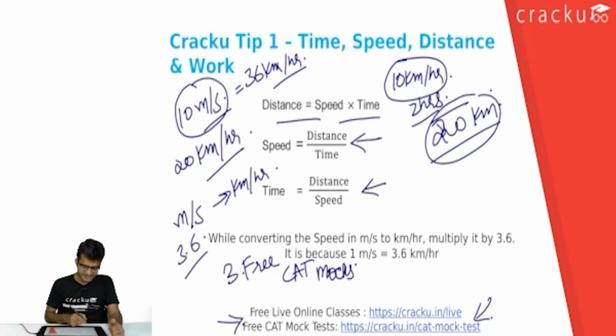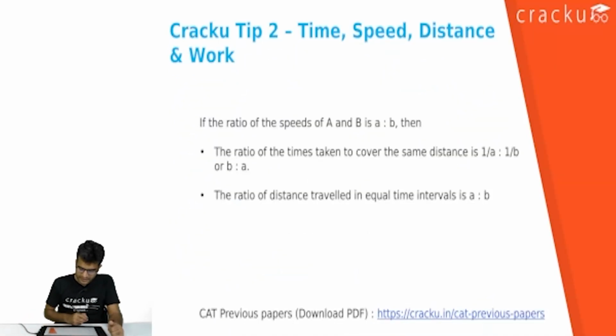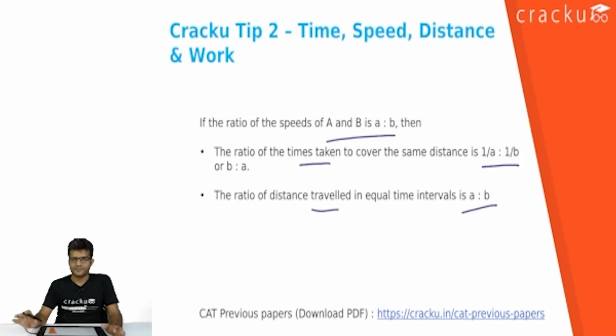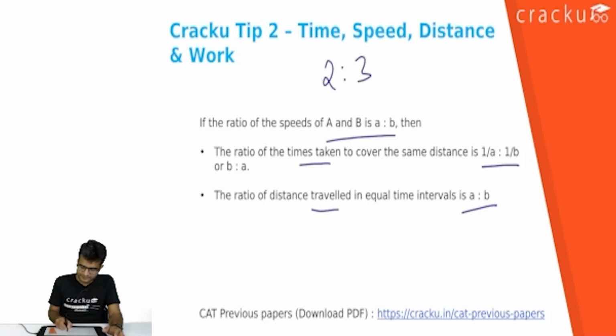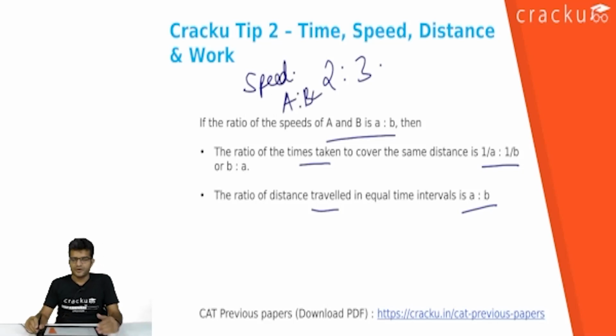Let us look at the next slide. If you are told that the ratio of the speeds of A and B is A is to B, then the ratio of the time taken by them to cover the same distance is 1 by A is to 1 by B. And the distance traveled by them in equal time is A is to B. Just to give you an example, suppose you are told that the speeds of A and B are in the ratio of 2 is to 3. This is the ratio of the speeds of A and B. Now, what is the ratio of the time they take to travel say 60 kilometers?